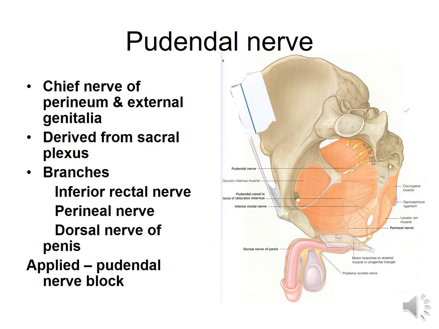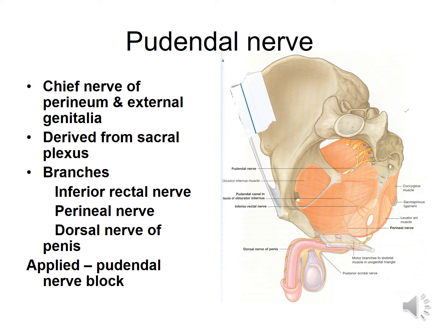The pudendal nerve is the chief nerve of the perineum and external genitalia, and it comes from the sacral plexus. The root value is S2, S3, S4, and it comes from the gluteal region to the perineum through the lesser sciatic foramen.